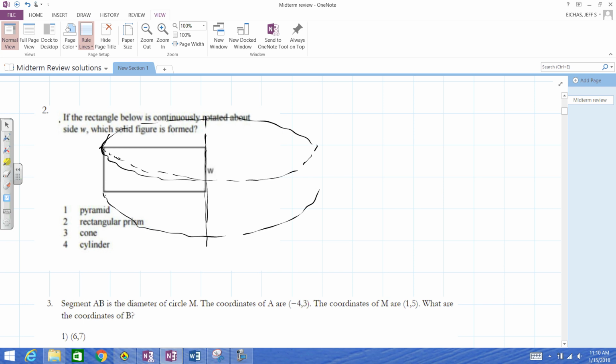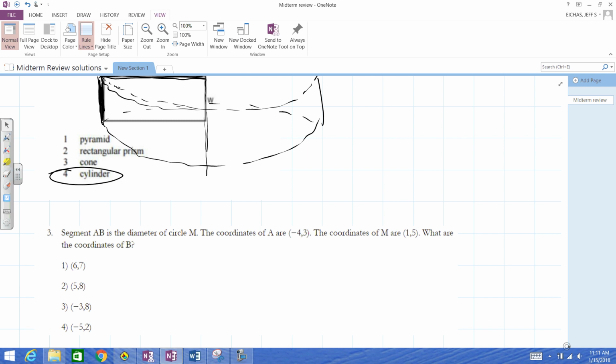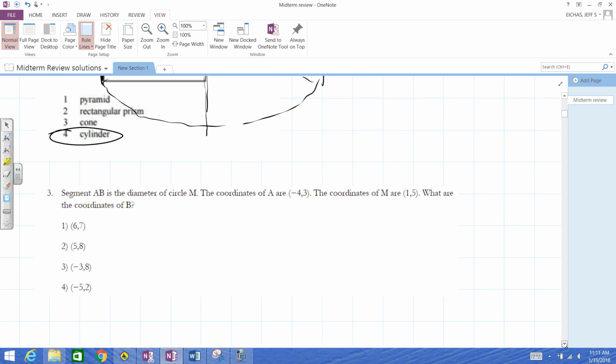What we're seeing here, I hope, is it will take on the shape of a cylinder, where this is going to be the height of the cylinder, and that's going to be the radius of the cylinder. So that's what we're going to get. Okay, so they mean 360 degrees, kind of in 3D space when they say rotate the 2D figure to make a solid figure.